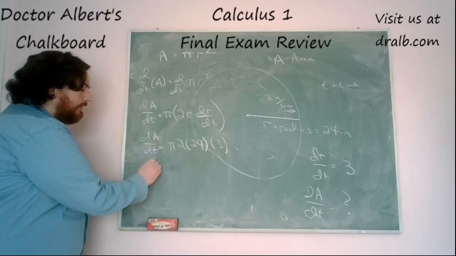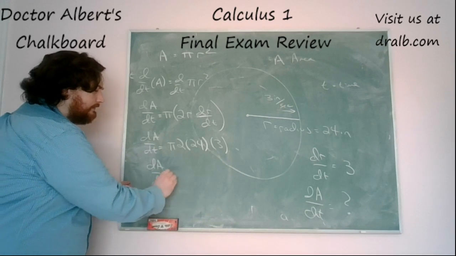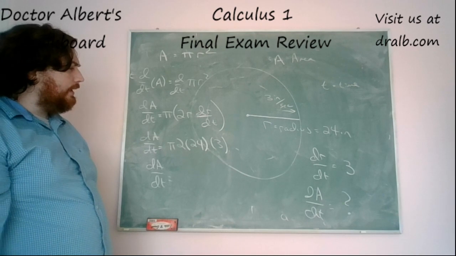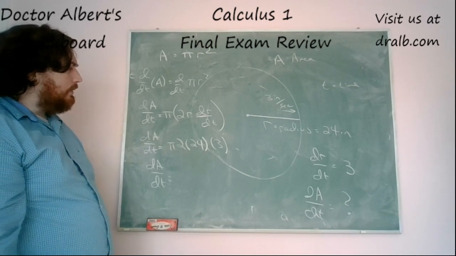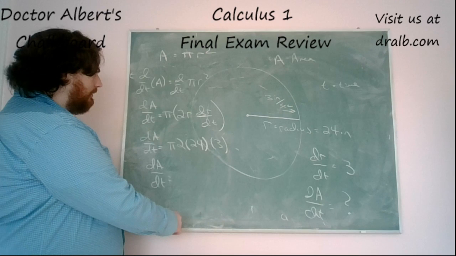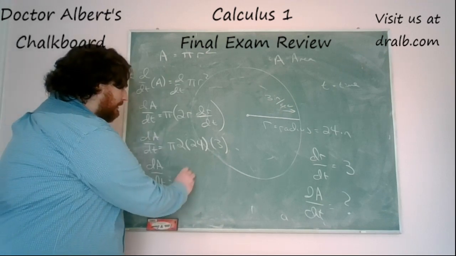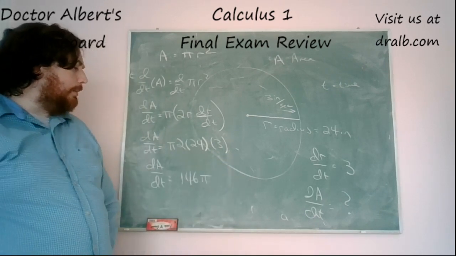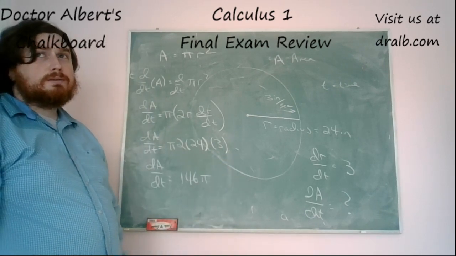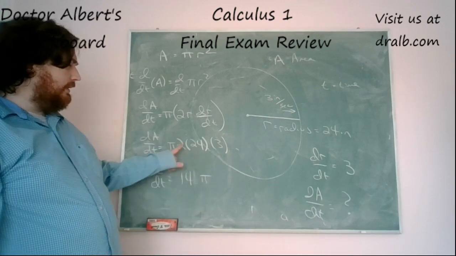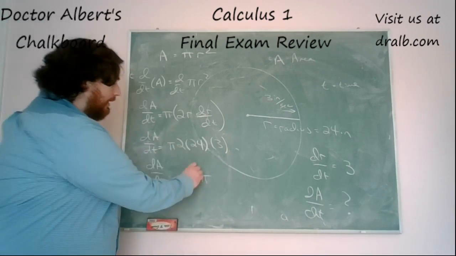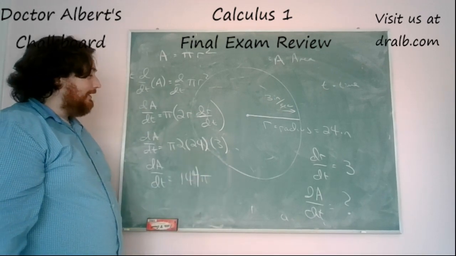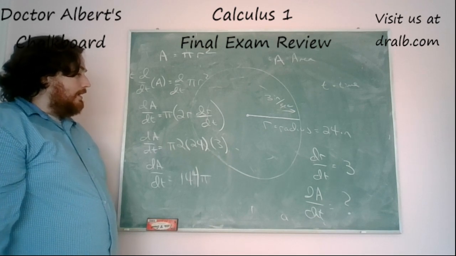So I end up with dA dt is going to be equal to 48 times 3, which is 146 times pi. I don't know, I'm doing it in my head, so I hope I'm correct. Let's see. 48 times 3: 8 times 3 is 24. 144 pi. There we go. I think I got it right that time. You guys should check my work, though.